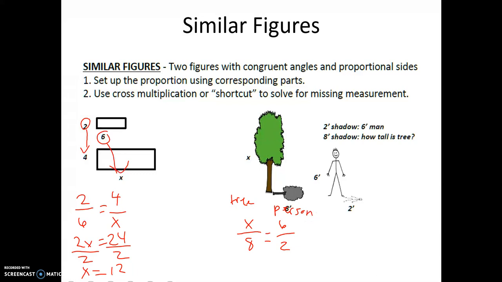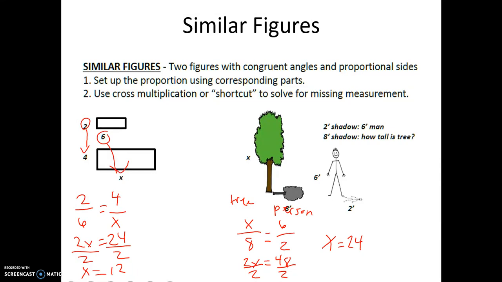Okay, so 2 times x is 2x is equal to 6 times 8 is 48. Okay, so divide both sides by 2, and x is equal to 24. Okay, so the height of the tree is 24.